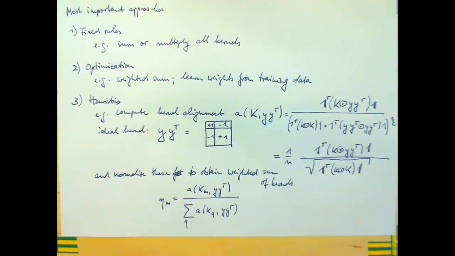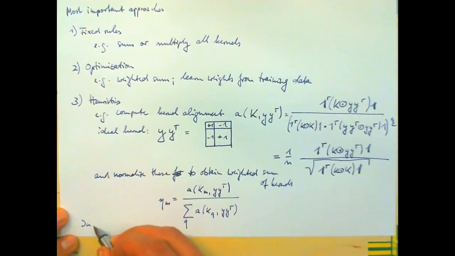Now, which one should you use? Of course, the nicest math you find in approach number 2. I think in the real world, you want to use those fixed rules. So in particular, if you use nonlinear kernels, if you use RBF kernels, it seems that simply taking the sum of these works pretty well. So if you want to write a paper, you should do that.